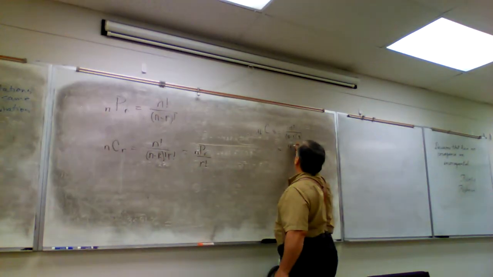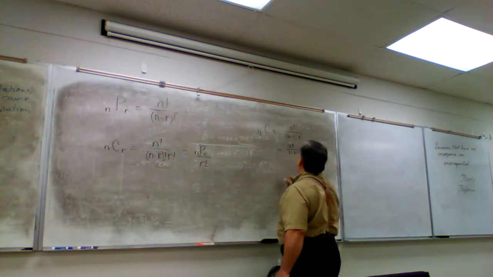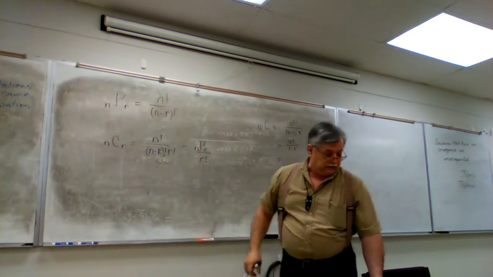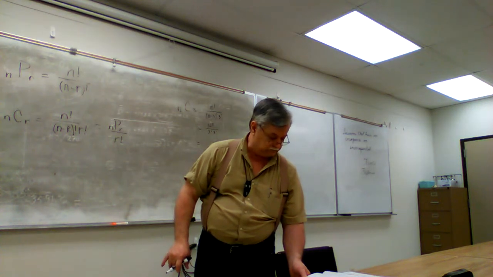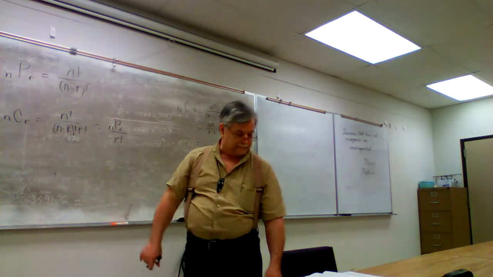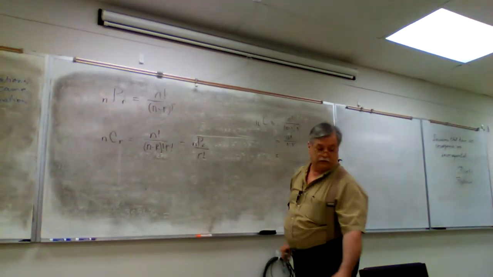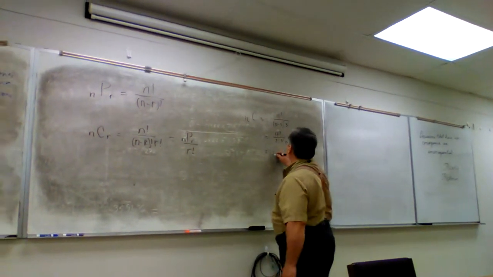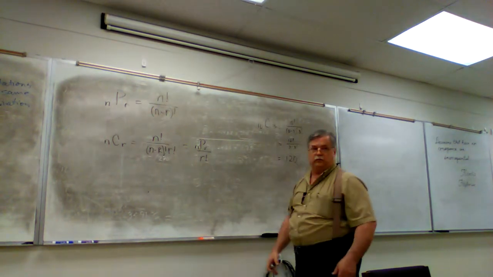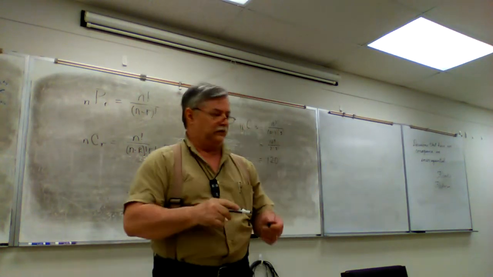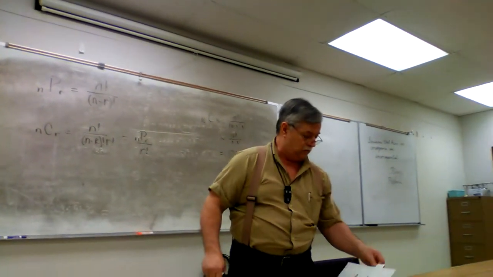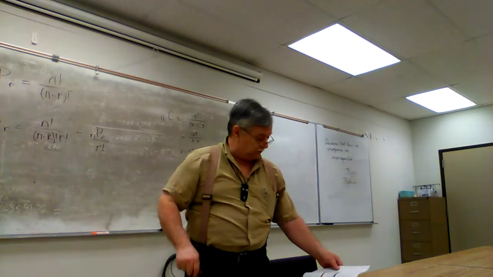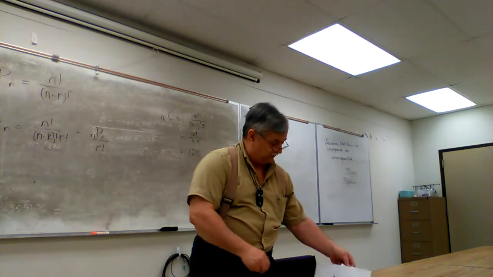Which is 10 factorial over 7 factorial times 3 factorial. They go through and do the arithmetic, and they say that the result comes out to 120 possible combinations of 3 photographs out of 10.